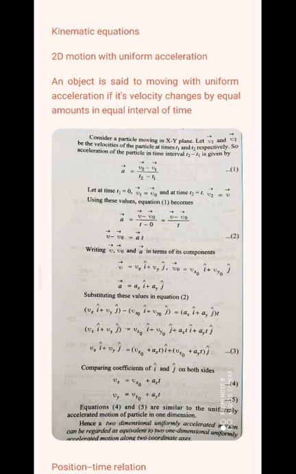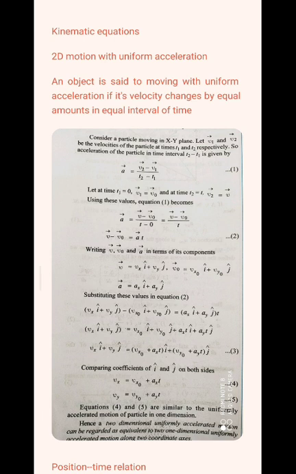Let us state that t1 is equal to 0 when v1 is equal to v0, and t2 is equal to t and v2 is equal to v. So we will get acceleration is equal to v minus v0 divided by t. So we get the first kinematic equation, v minus v0 is equal to at, or we write it as v is equal to u plus at.